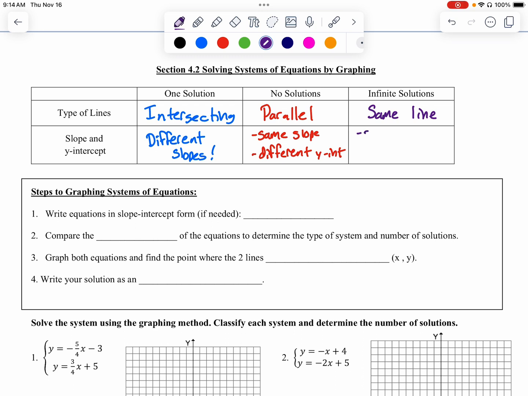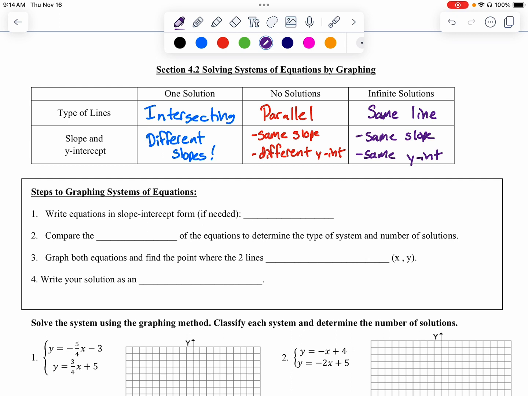And same lines are going to have the same slope and the same y-intercepts. So everything is going to be the same. And those are going to have infinite solutions.